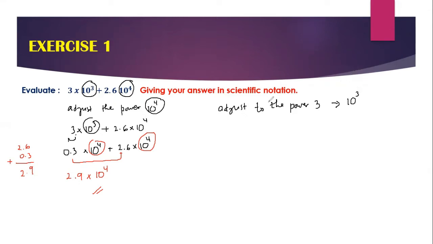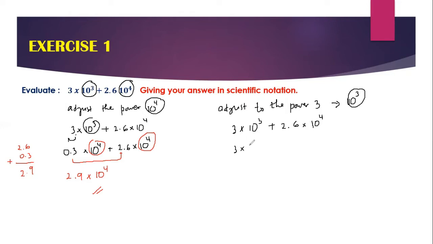Okay, now we're going to rewrite the equation. 3 times 10 to the power of 3 plus 2.6 times 10 to the power of 4. Because our adjusting is 10 to the power of 3, this one is already done.